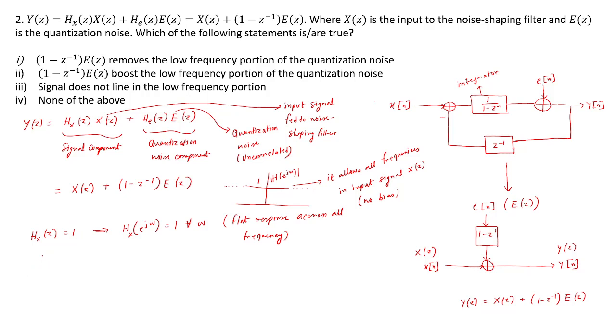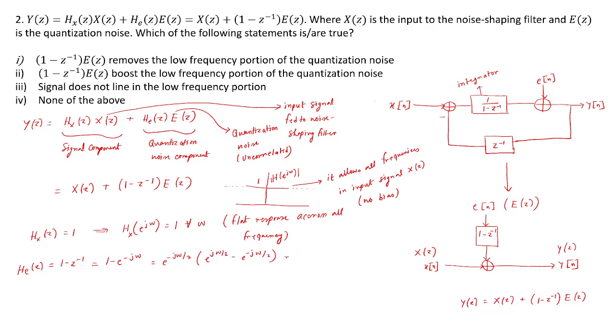However, if we see the expression of He(z), what do you see? It's 1 minus z inverse. So in terms of omega, you can write 1 minus e to the power minus j omega. When I take e to the power minus j omega by 2 common, it will become e to the power j omega by 2 minus e to the power minus j omega by 2.